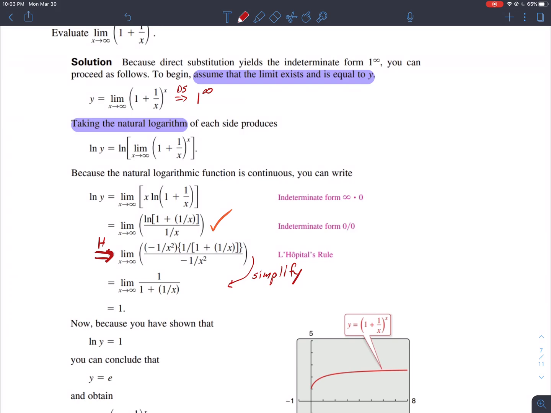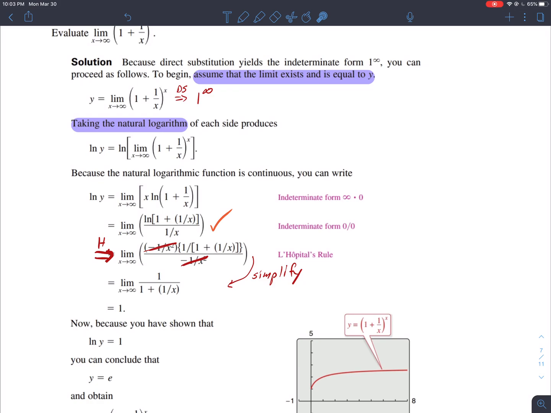All right, so with all of that, we get down to the limit as x approaches infinity of 1 in the numerator over this. Actually, the simplifying is not all that bad. If you notice, this would cancel this out, and then you're just left with that. The negative 1 over x squared divided by negative 1 over x squared, those will cancel. So if x approaches infinity, we've got 1 in the numerator, we've got 1 plus 0, so you've got 1 over 1, we get 1.